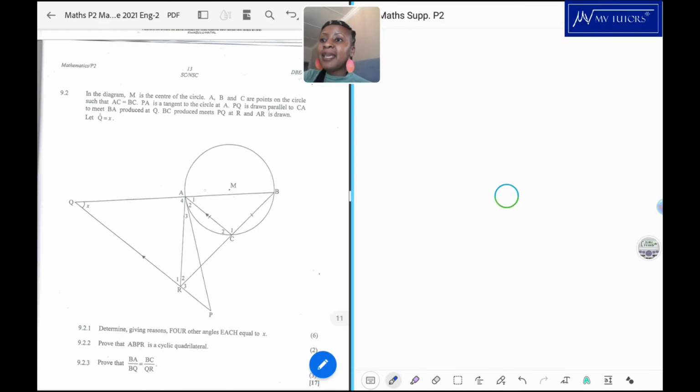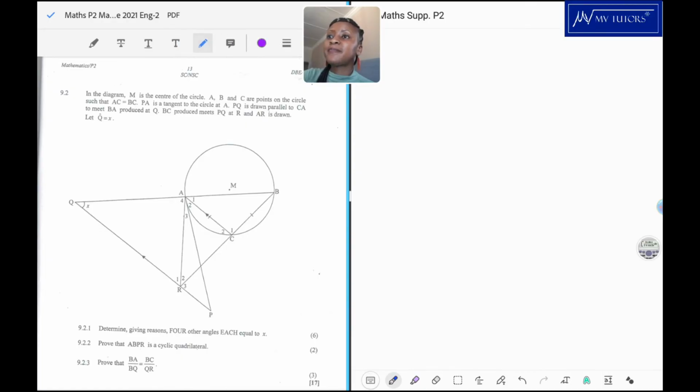A, B, and C are points on a circle such that AC is equal to BC, meaning A1 is actually equal to B. PA is a tangent. So there is PA. I'm going to extend it. So it is a tangent to the circle at A.